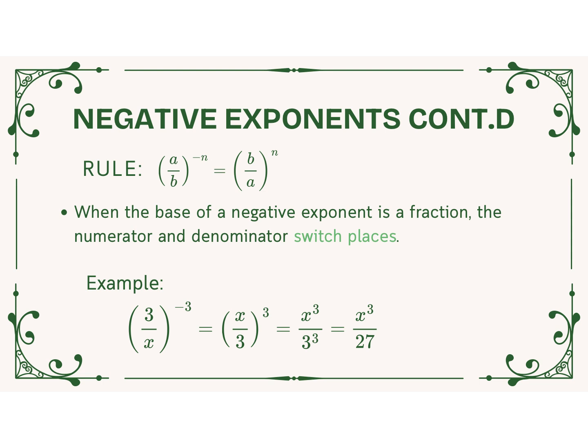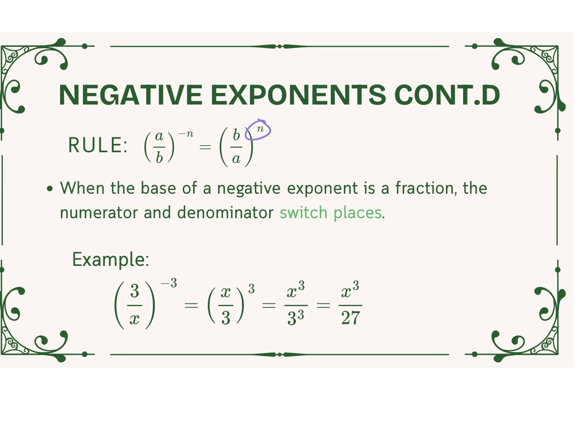All right, so another case that you might see with negative exponents is maybe you see a fraction as the base. And the rule for that is if you have a fractional base with a negative exponent, just flip the top and the bottom and then just make it positive, right? We probably could have figured that out doing some more examples, but this is just a way to simplify it, right? So if I have something like 3 over x to the negative 3, right?